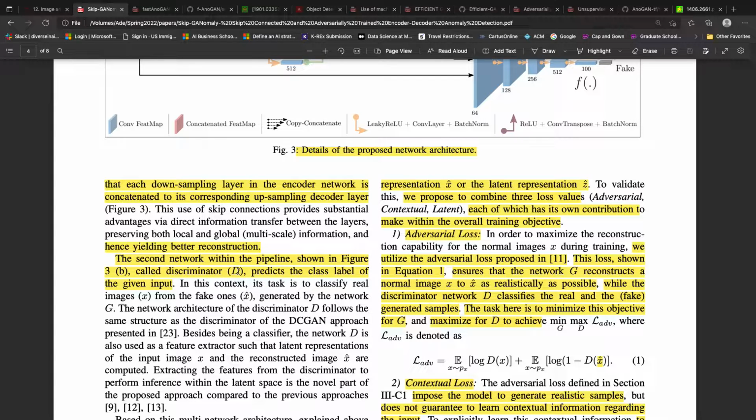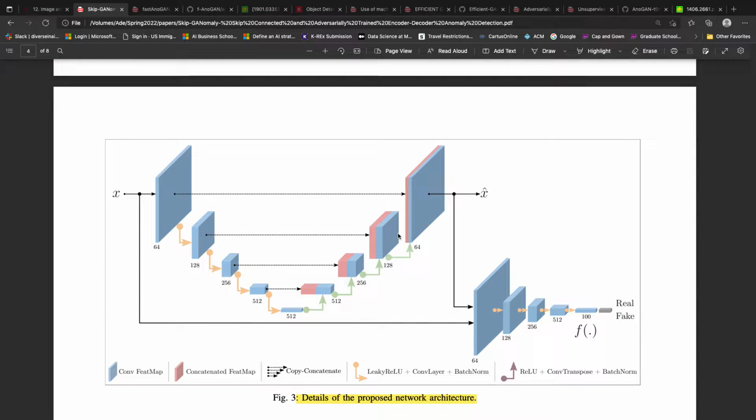Now the task of the discriminator, as we'll see in figure 3 shortly, is to predict the class label of the given input. So this is what is happening here. You will see here that this is the discriminator. So this part makes up the discriminator, and its task is to predict either real or fake depending on where the input is coming from.